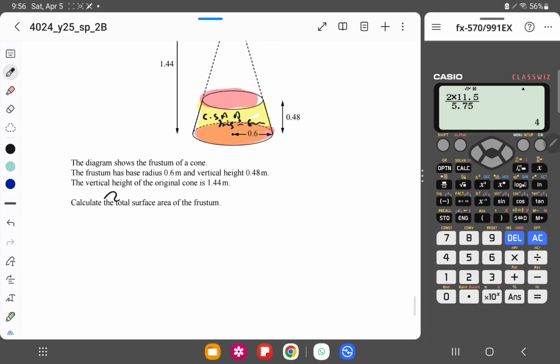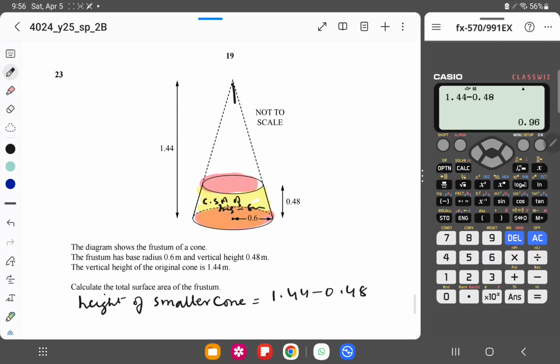The height of the smaller cone is equal to 1.44 minus 0.48, which becomes 0.96. So this is 0.96.